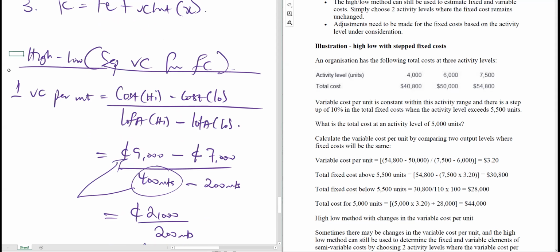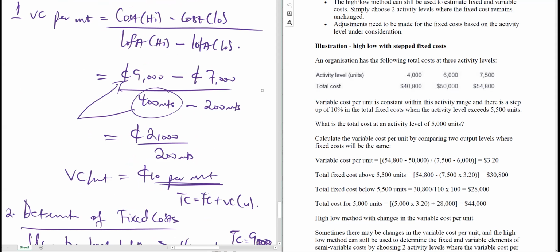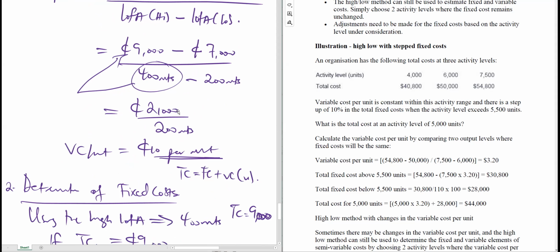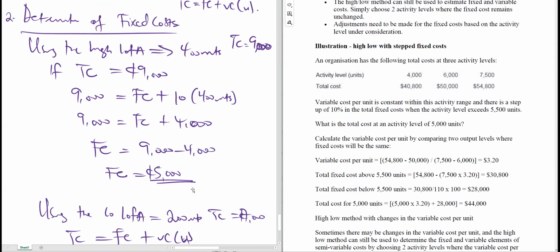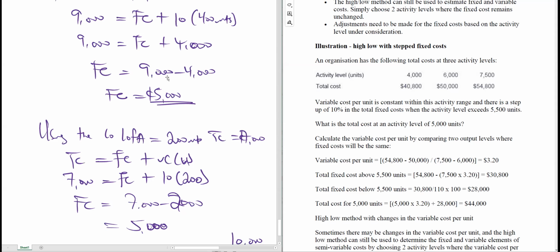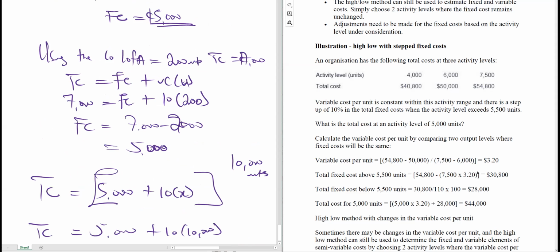It is mechanical. Just follow the steps: cost at high, cost at low, level of activity high minus the low. Once you are done, you just put the variable cost in any of these figures that you found to get the fixed cost. Then whatever they tell you to find, you use it to find, right?